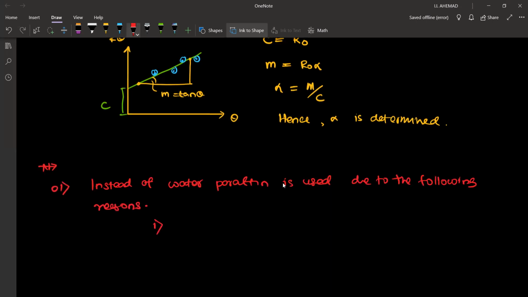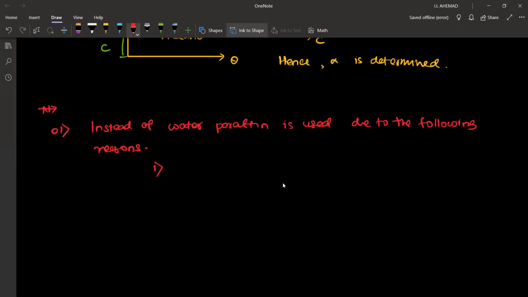First, safety. Paraffin is an insulator of electricity.